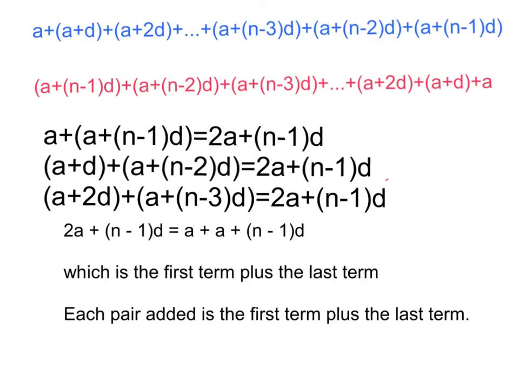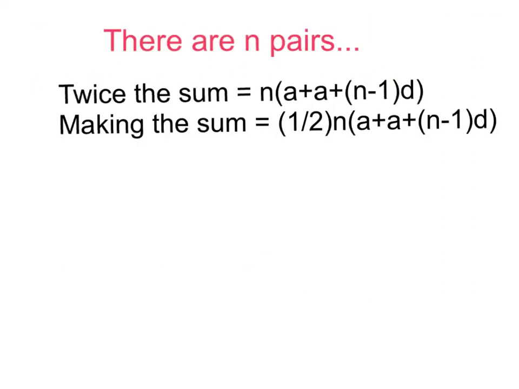Hey, look at this. 2A plus (n minus 1)D is the same as A plus A plus (n minus 1)D. Hey, that's the first term plus the last term. In other words, each pair when added is the same thing as the first term plus the last term. Right.